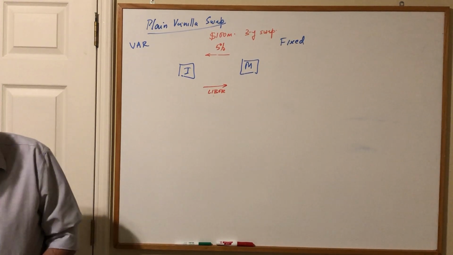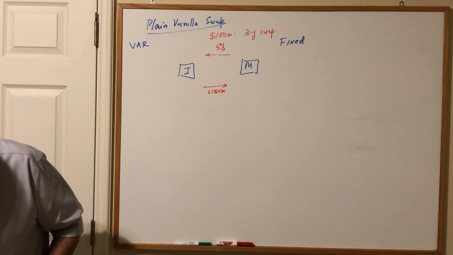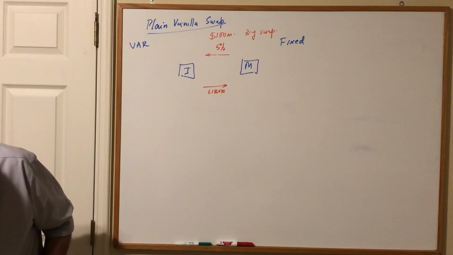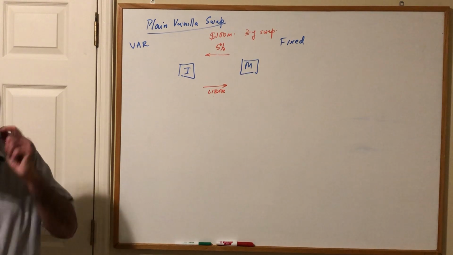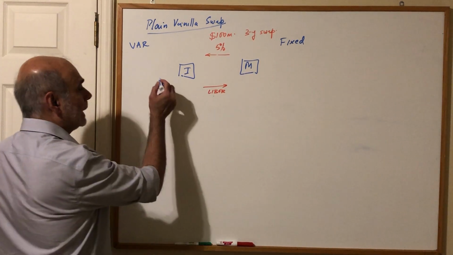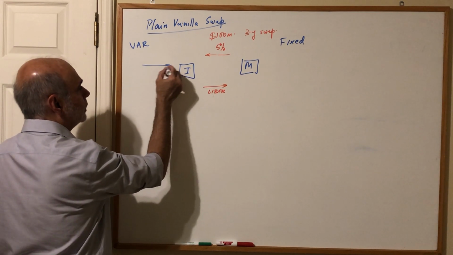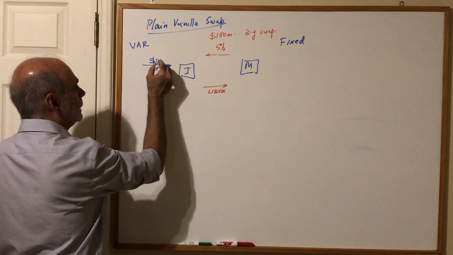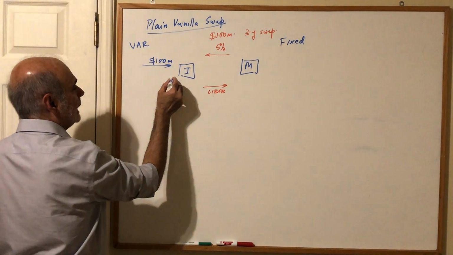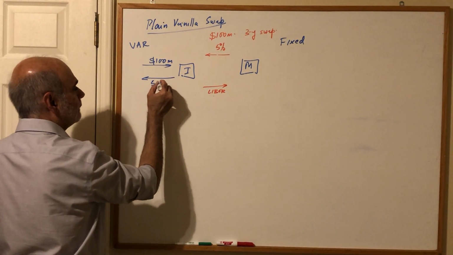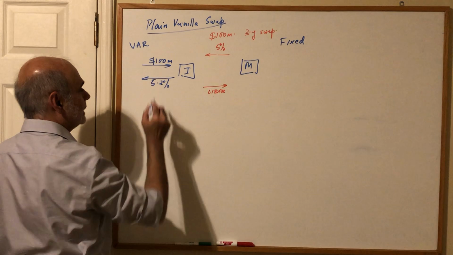Now, let's assume that fixed rate financing is 5.2%. So Intel can borrow 100 million and it will pay 5.2%. Let's suppose that's the interest rate.